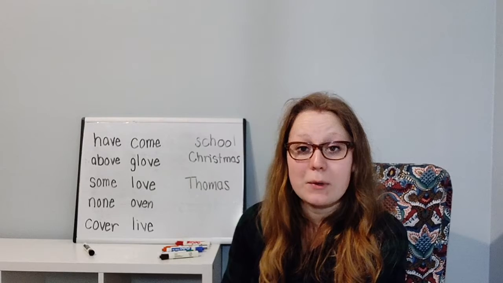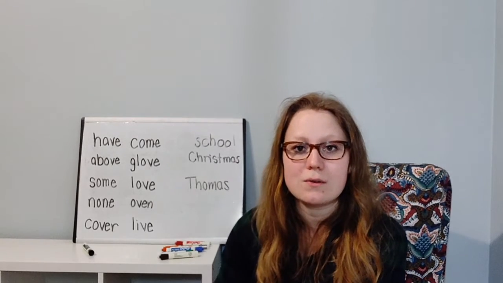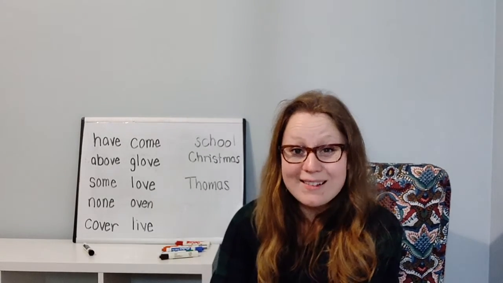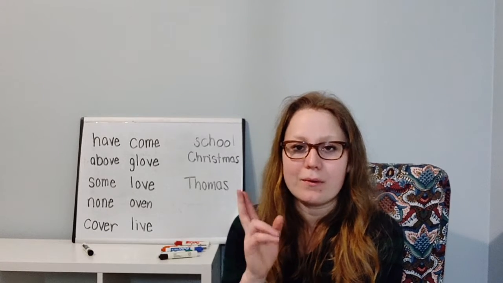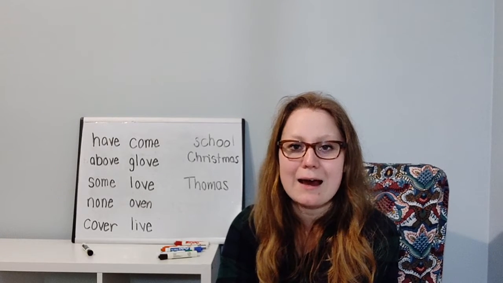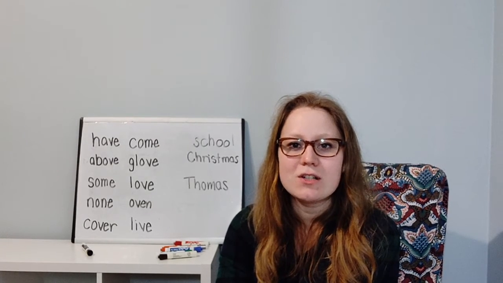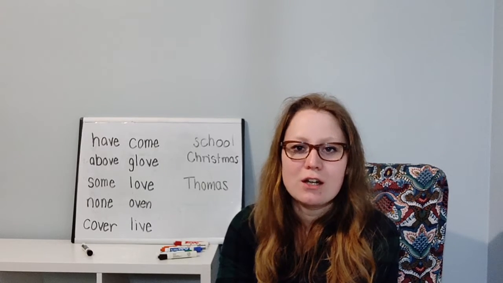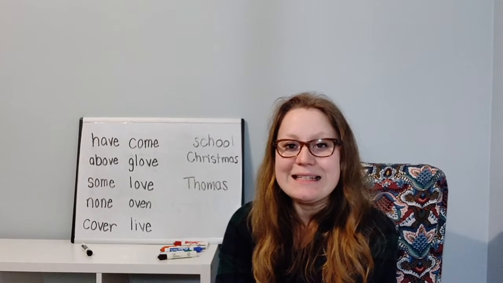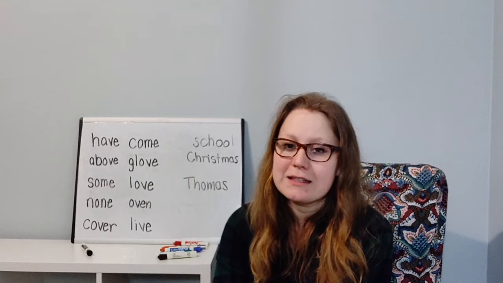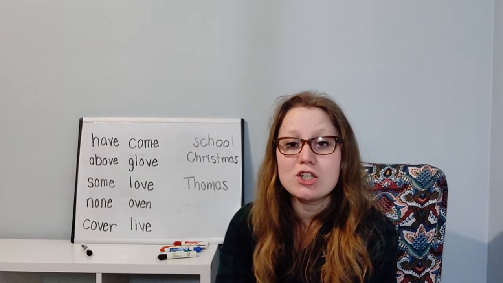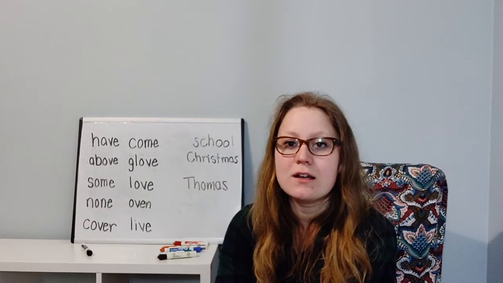Now, after we learned about the bossy E rule, we're also learning about when two consonants come together and they blend together to make a sound. Like SH says "shh." Another one we can learn about is CH. Normally, CH would say "ch, ch."